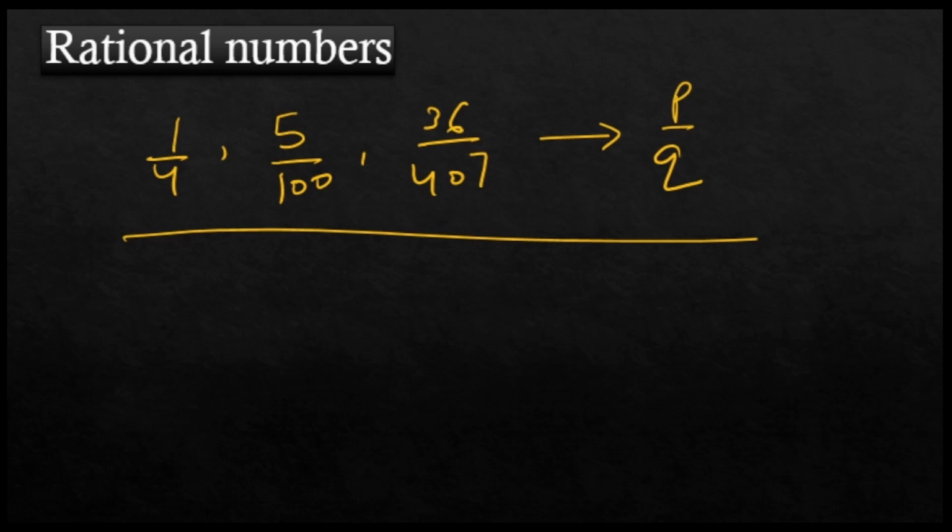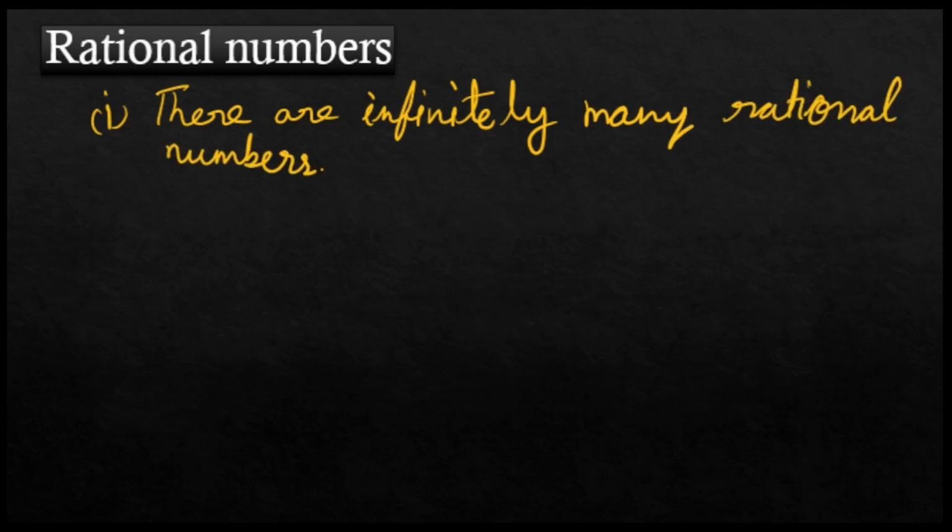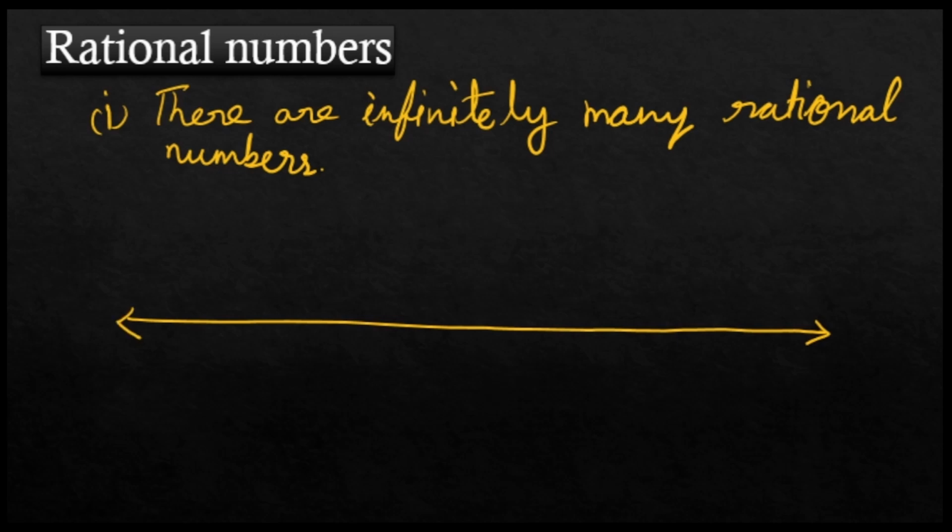Points to be remembered. Number 1. Just like natural numbers and whole numbers, there are infinitely many rational numbers. Just like integers, we can represent rational numbers on the real line which extends endlessly.